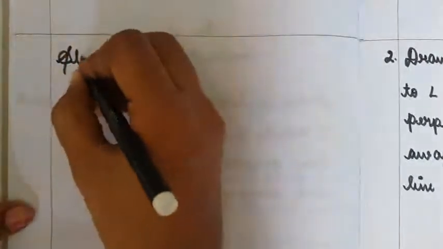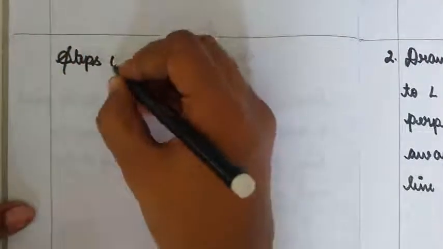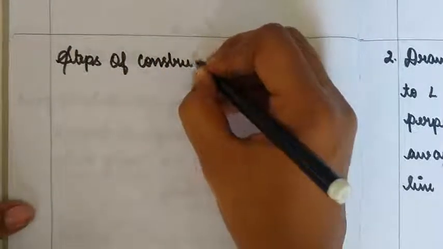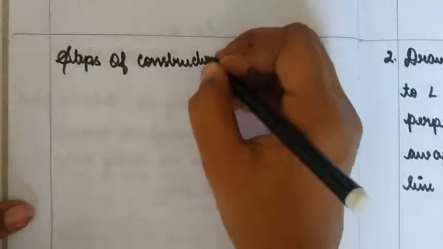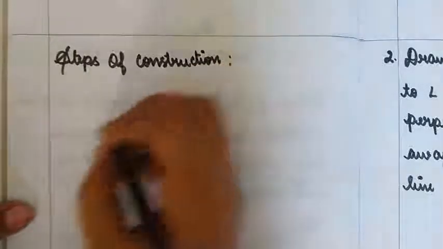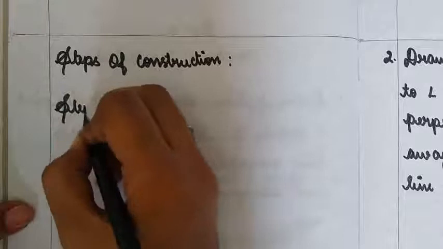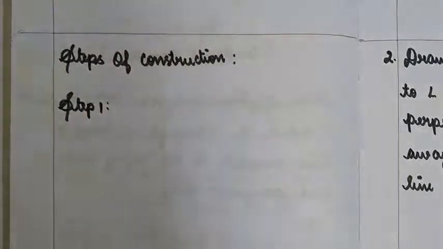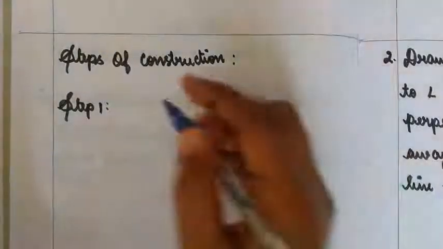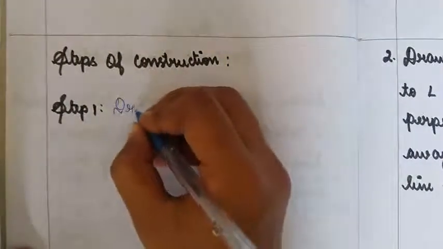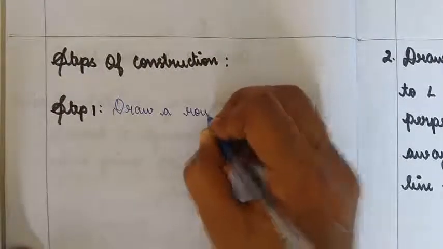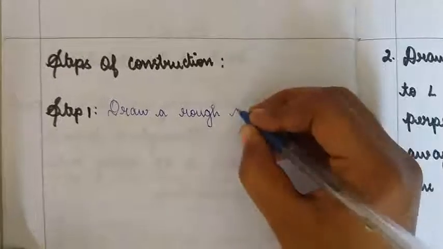Next we have to write the constructions of this sum. Steps of construction. Step 1: draw a rough diagram.